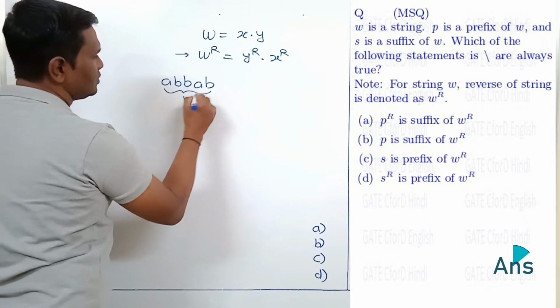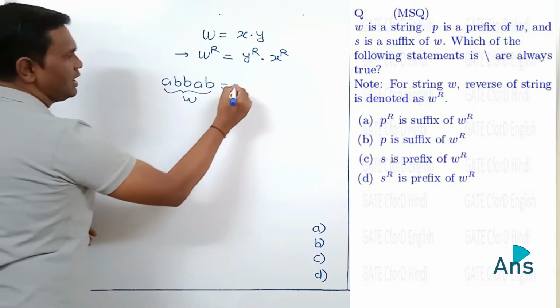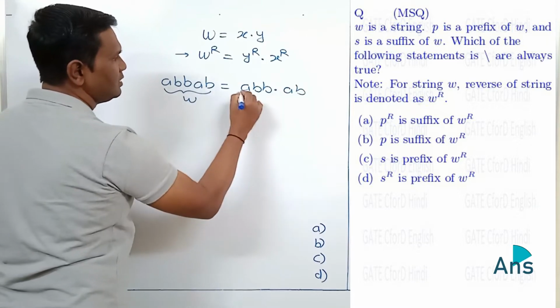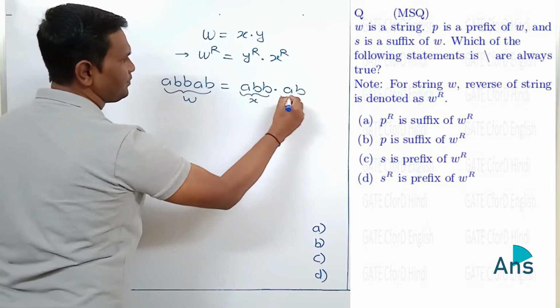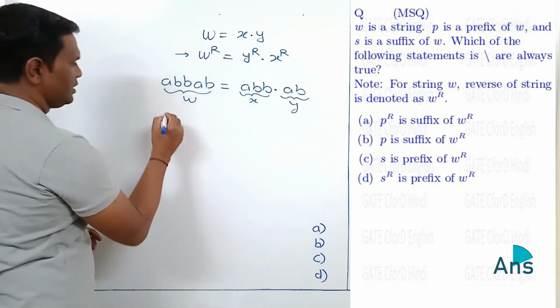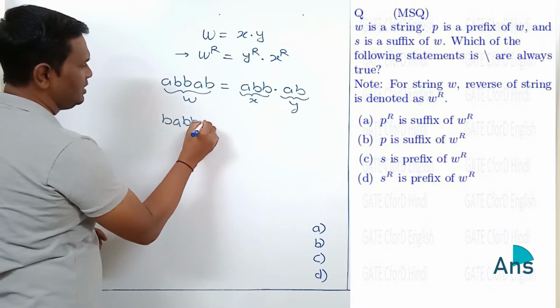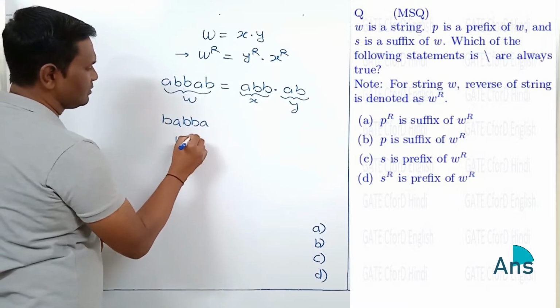This is W. Now we can write ABBAB as the concatenation of ABB dot AB. This is X, this is Y. So WR is BABBA. This is WR.